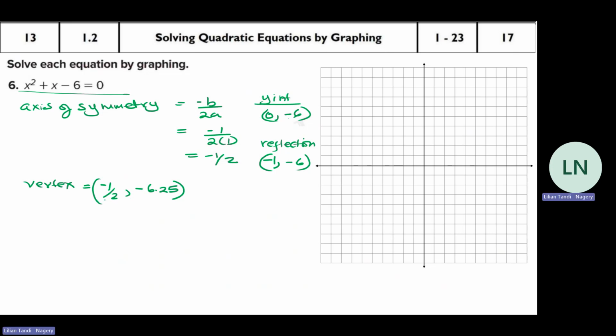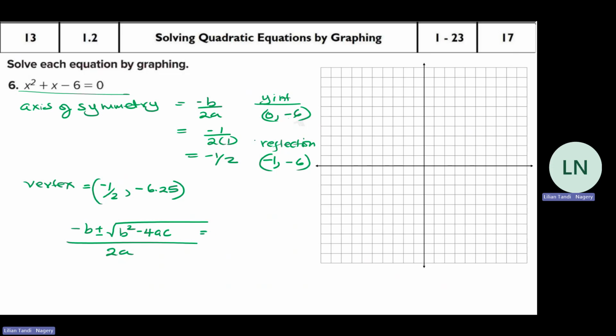Okay? And then I want to do the quadratic formula. So again, my solutions: -b plus or minus the square root of b squared minus 4ac, over 2a.